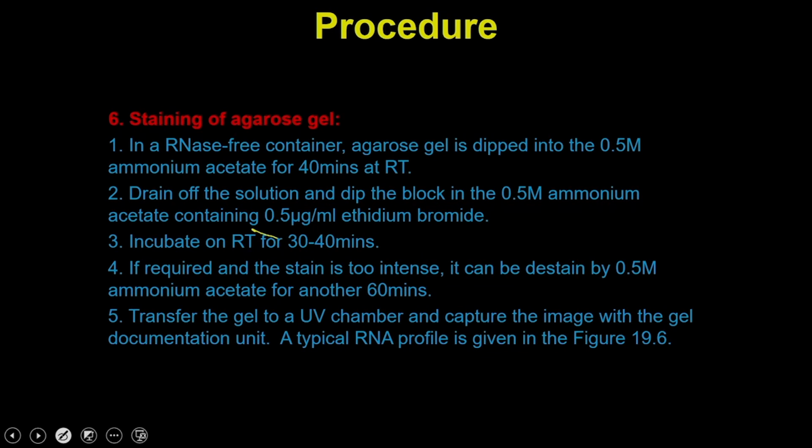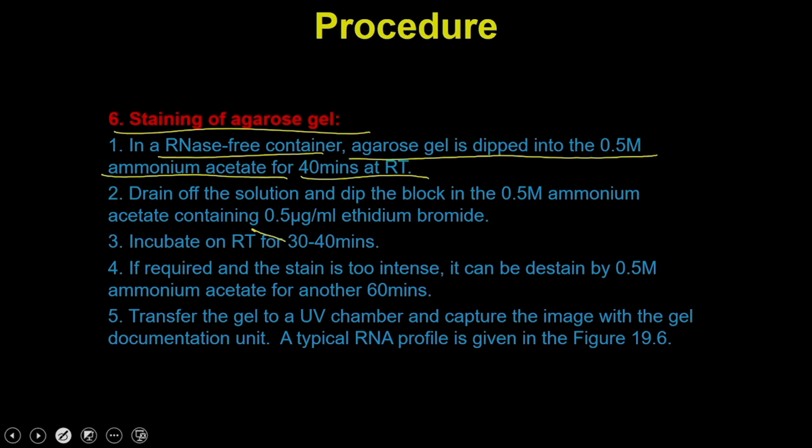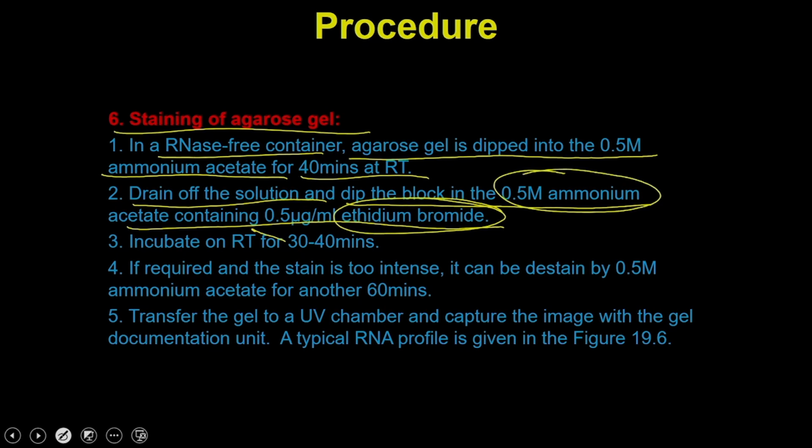Then you have to do the staining of the agarose gel. In an RNase free container, the agarose gel is dipped into 0.5 molar ammonium acetate for 40 minutes at room temperature. You then remove the solution and dip the gel in 0.5 molar ammonium acetate containing 0.5 microgram per ml ethidium bromide. This is the staining dye, prepared in 0.5 molar ammonium acetate.